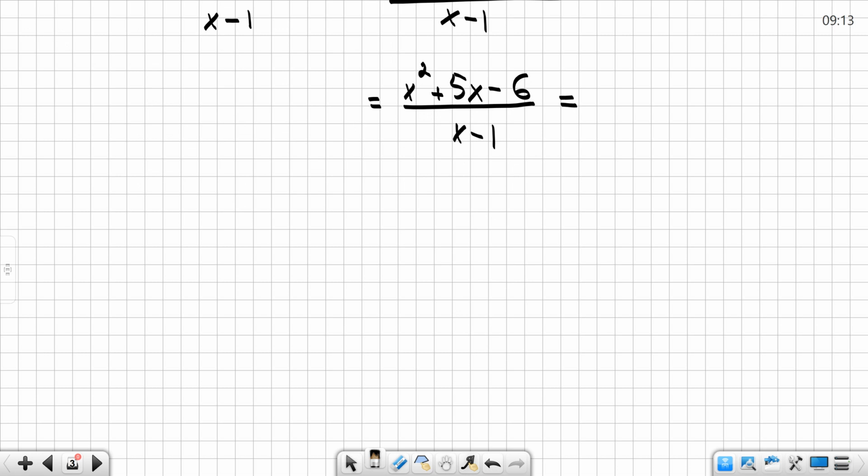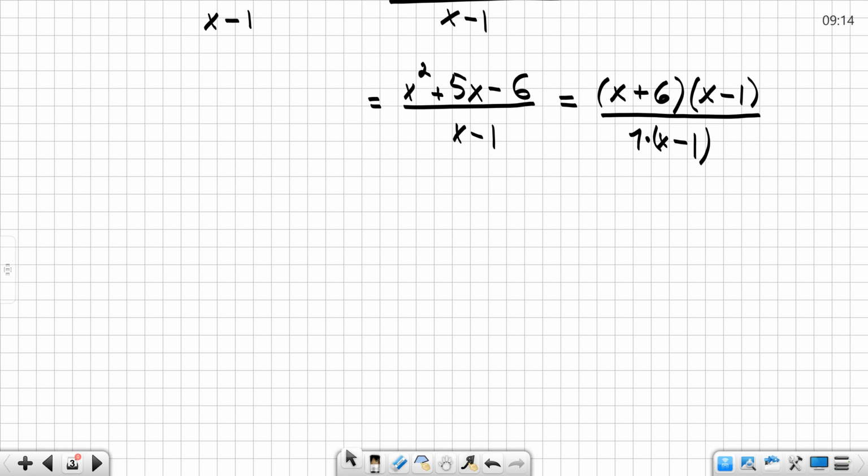The numerator on the top right here is the same thing as (x plus 6) times (x minus 1) all over x minus 1. And now, in the bottom, I can think about it, if you want to, as 1 times (x minus 1).